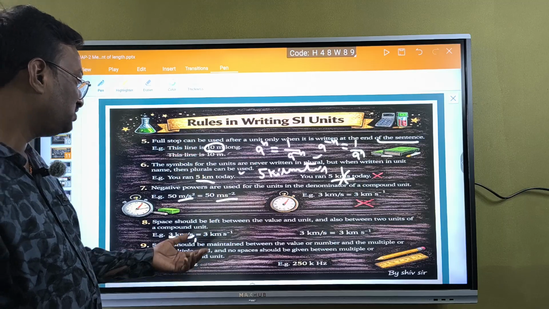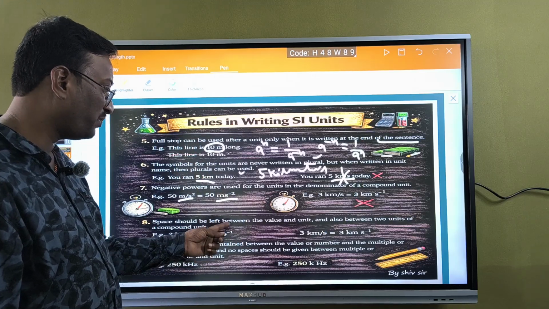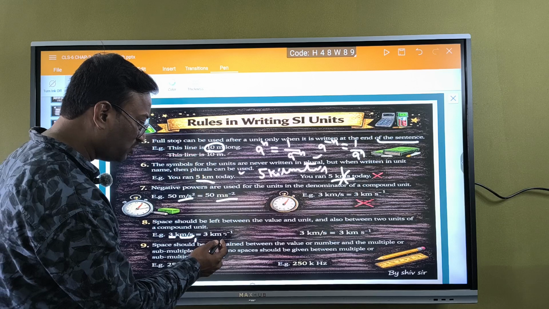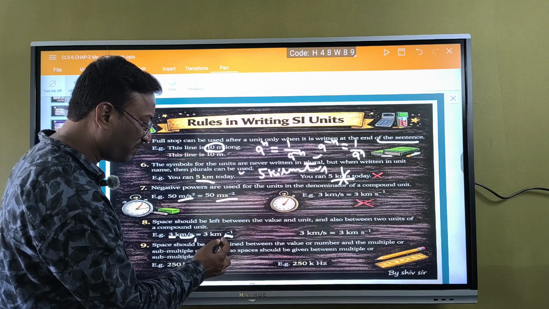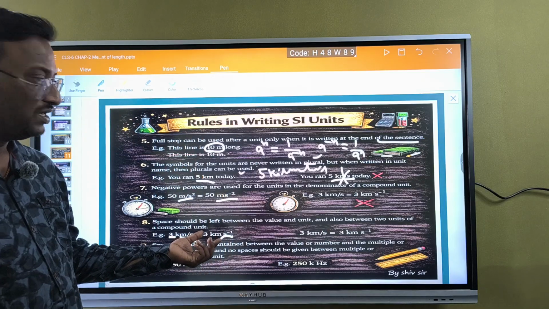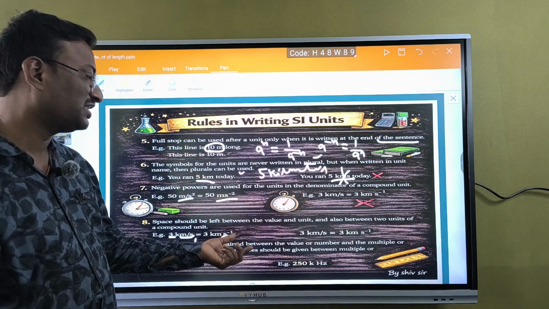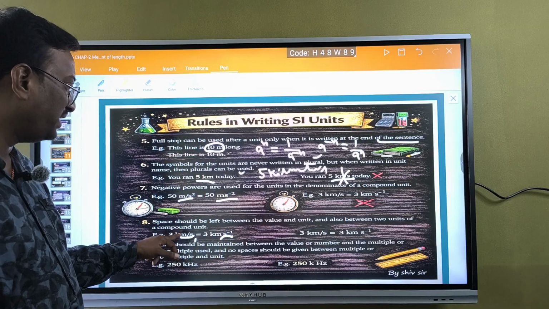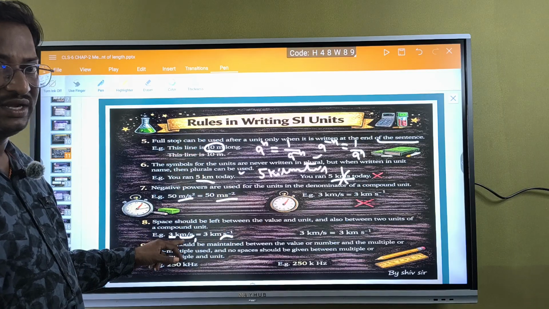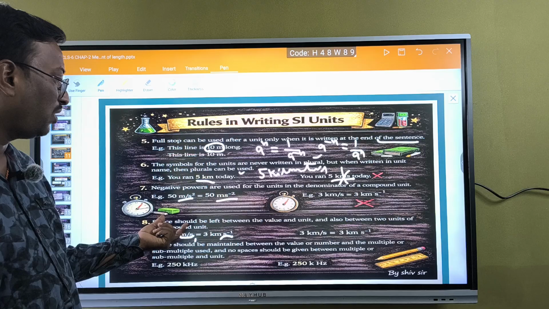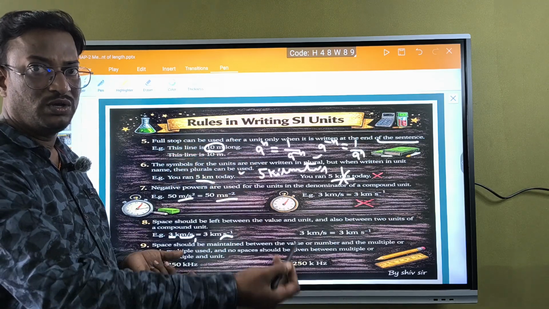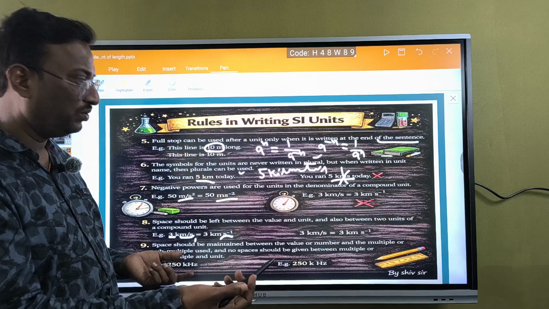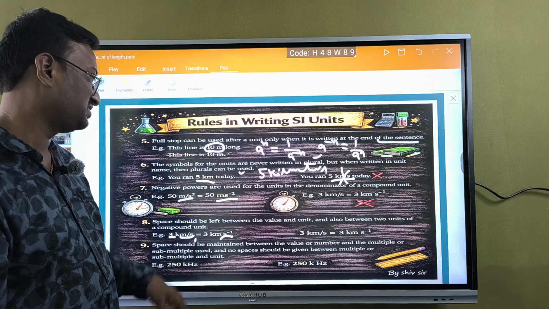See, 3 kilometer per second, if you write s power minus 1, after kilometer you have to put s power minus 1 separately. You should give a small space, because kilometer is one unit, second is another unit. Okay, while writing "by", there is no "by". If you write "divided by", it is combined. If you write kilometer into s power minus 1, while writing "into", you should keep a small space there.